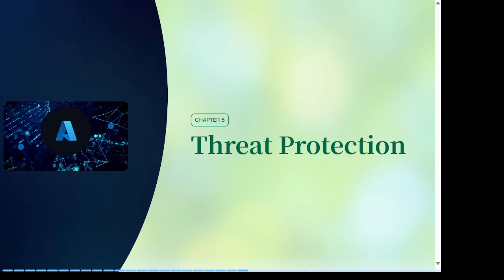What is threat protection? Threat protection in Azure is about detecting attacks in real time, identifying suspicious activity, providing security recommendations, automatically responding to threats. So instead of just preventing attacks, Azure also focuses on detecting and responding to active threats.